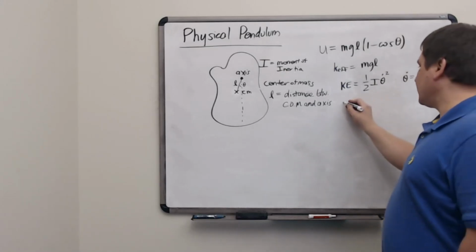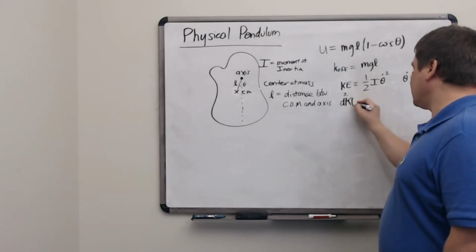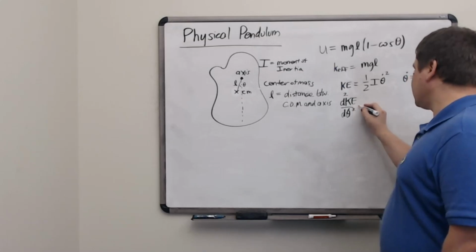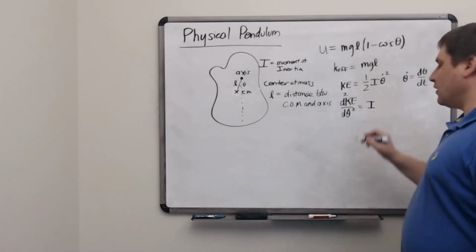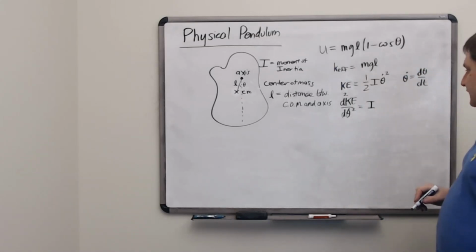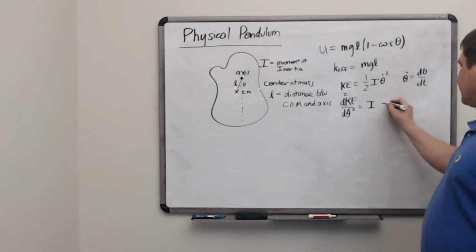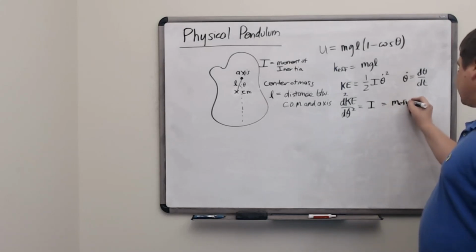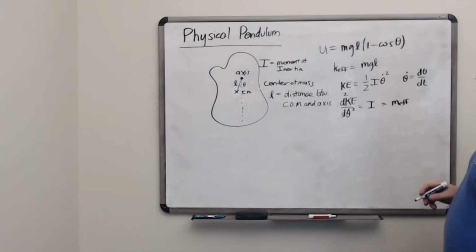Now if we take our derivative of kinetic energy with respect to theta dot, we will get just the moment of inertia. So that's quite pleasing. The moment of inertia is the effective mass for a physical pendulum.